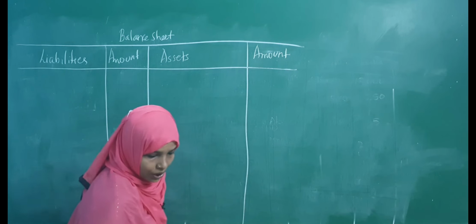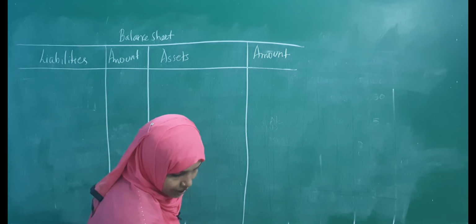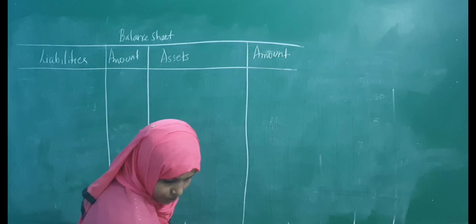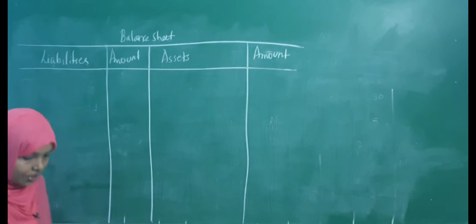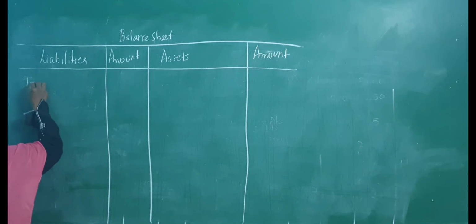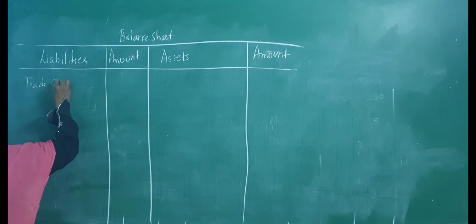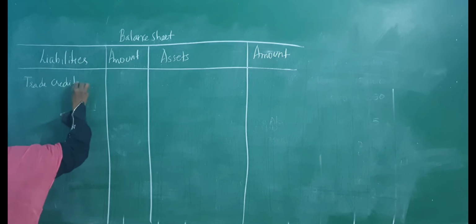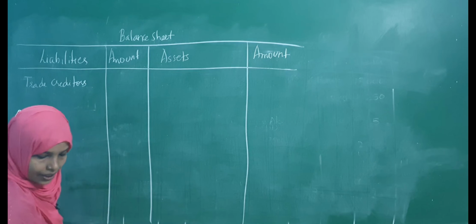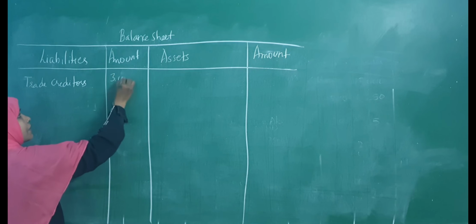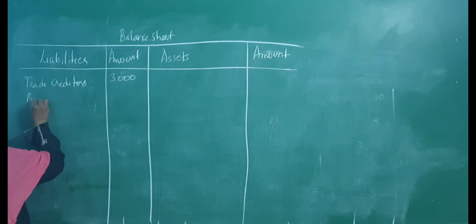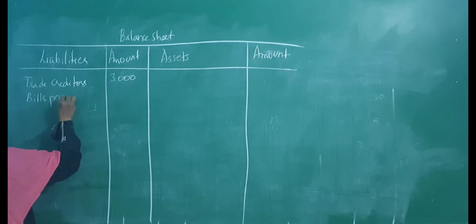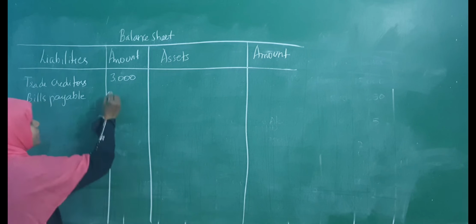Okay, take down all the items. So they have given creditors, bills payable, expenses owing, whatever is there as it is you will take. That is, how much is creditors? It is trade creditors. Trade creditors. It is 3,000. After trade creditors we have bills payable. Bills payable. That is 4,500.